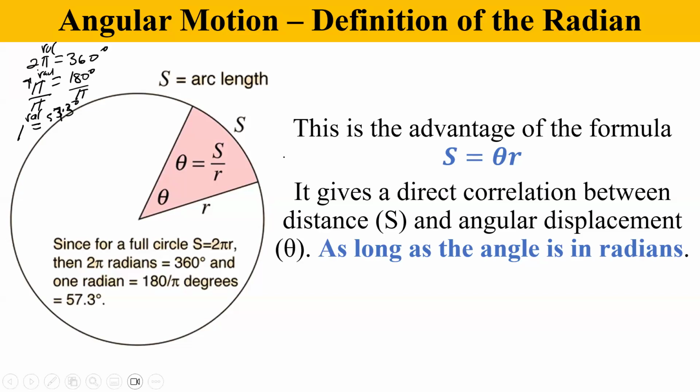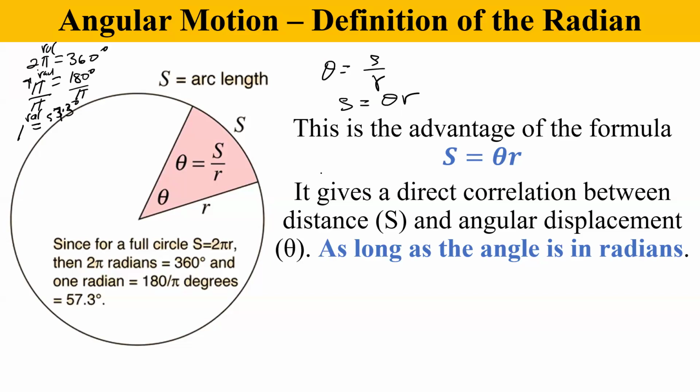So this is the advantage of the formula, where I can say from this that the angle theta is equal to S upon R. So that means your displacement, or the length of the arc, if you cross multiply, is going to be theta times R, right? So that's what this formula gives you.